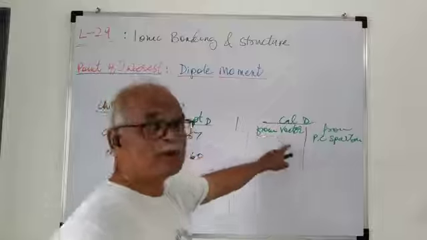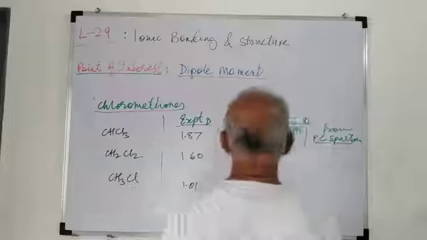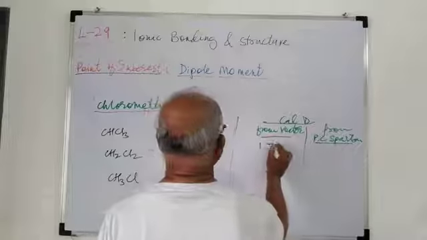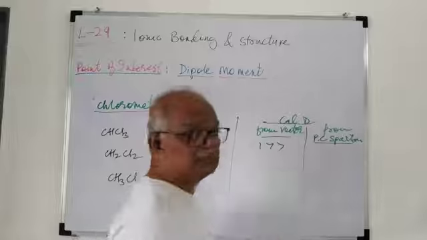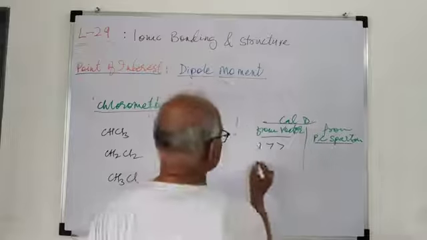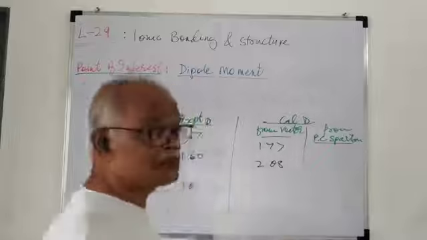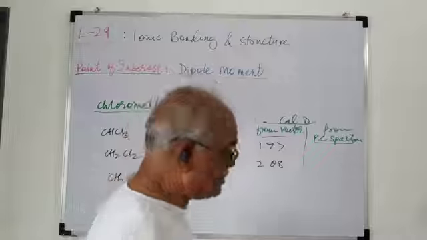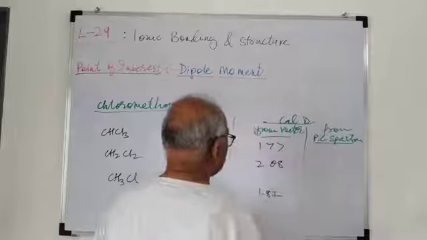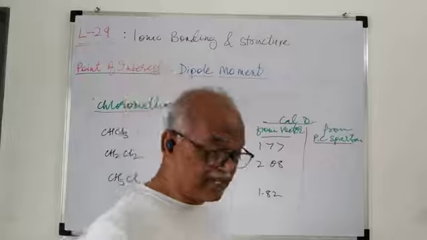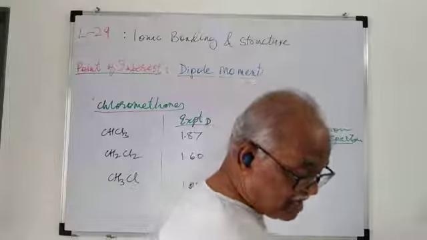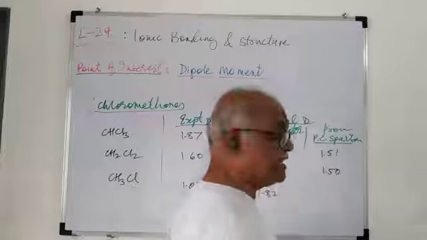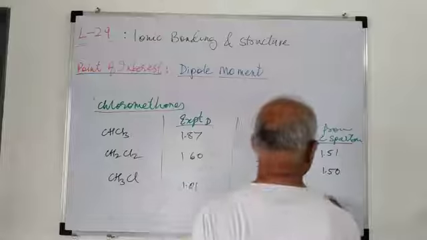The values calculated by the vector method show much deviation: 1.77 for CHCl3, a higher 2.08 for CH2Cl2, and 1.82 for CH3Cl. So these are not much comparable. According to PC Spartan, the values are 1.51, 1.50, and a relatively comparable 1.16.